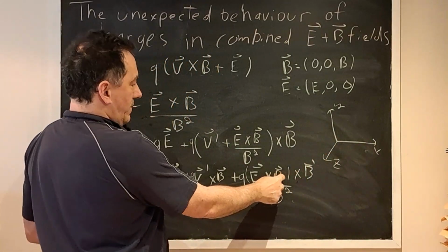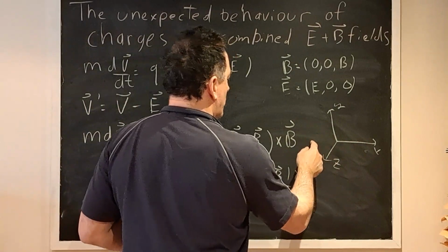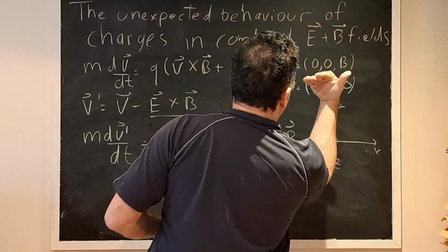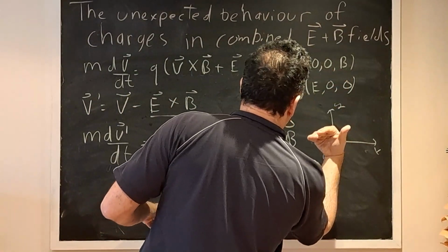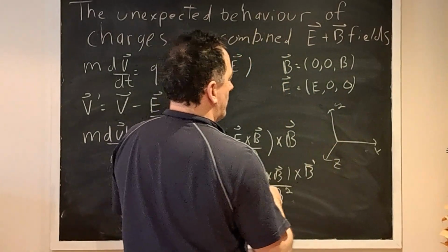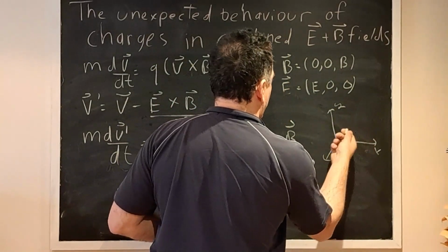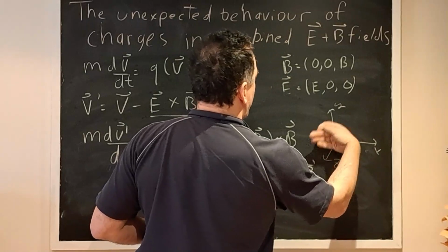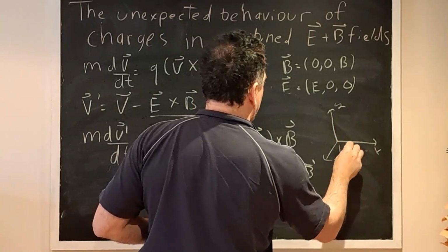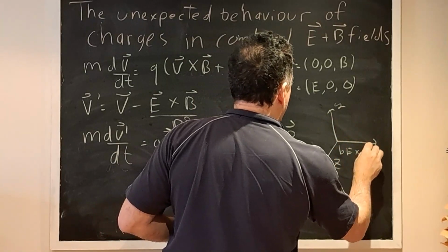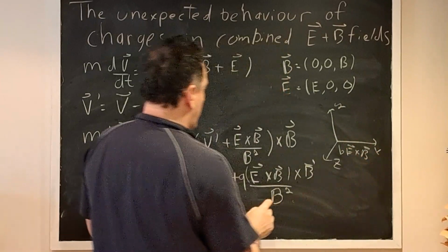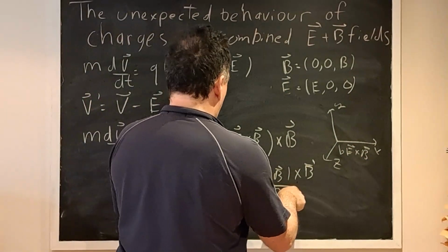The magnetic field is in the z direction. So x, z, downwards. Let's see. That's my thumb. That's the rest of my hand. It's going to be downwards. So that's E cross B is pointing in the minus y direction.